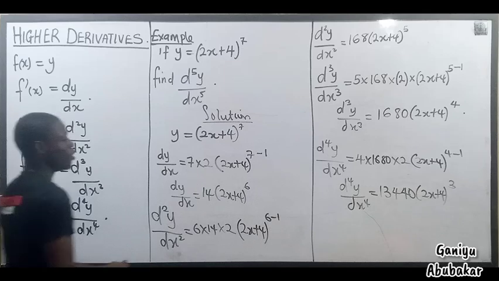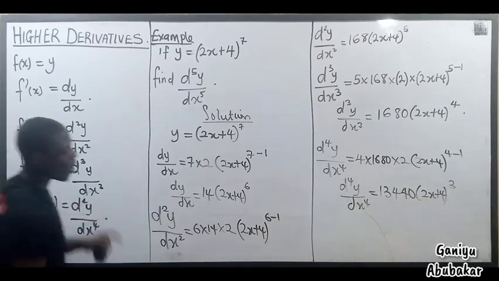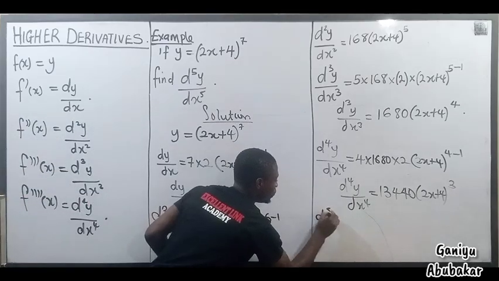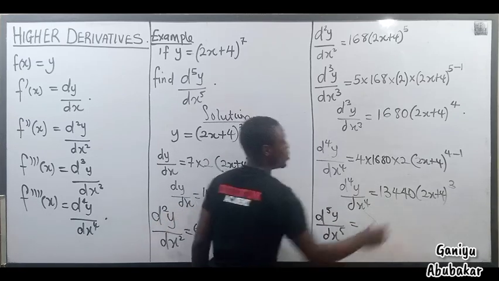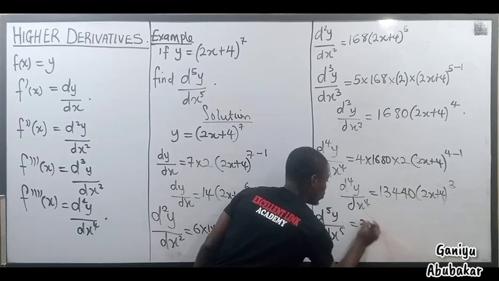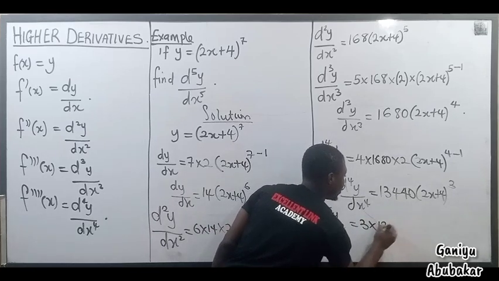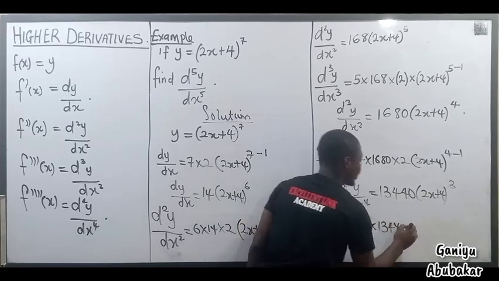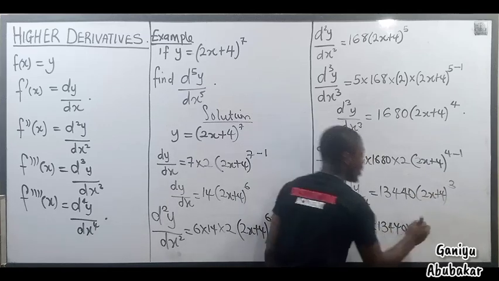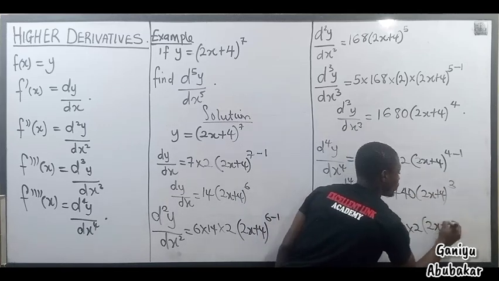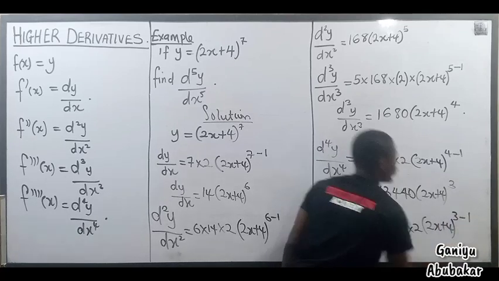Let's get an answer for the fifth derivative. The d⁵y/dx⁵ is equal to, write 3 down, multiply by this here, 13,440. Next up, differentiate the term in brackets, times 2, I have 2. Next up, repeat the question, (2x + 4) all to the power 3 minus 1.